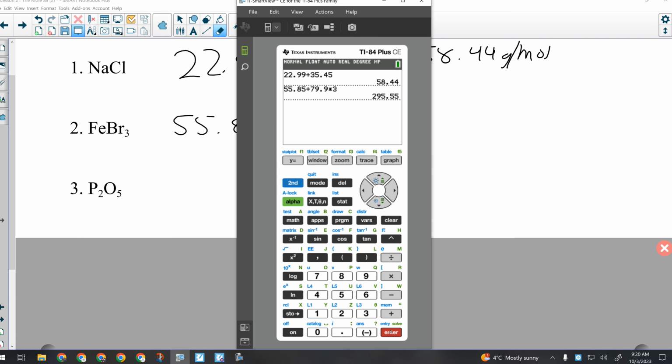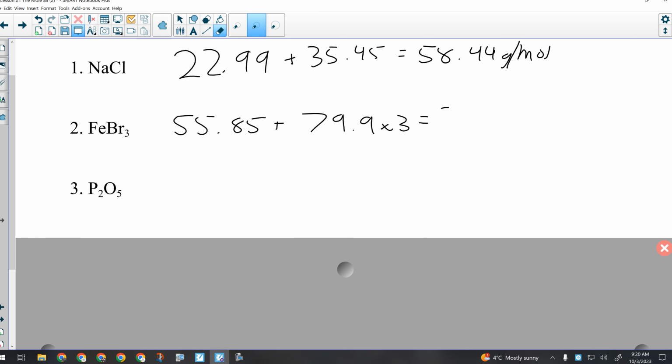All right, so we're looking at 295.55 grams per mole. Okay, everybody all right with that one?